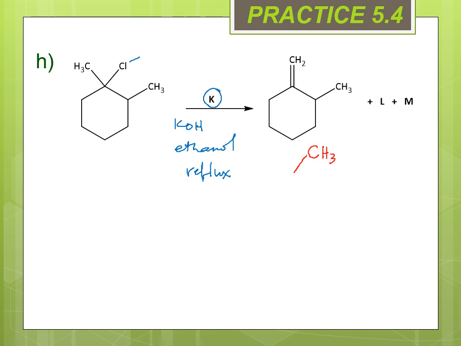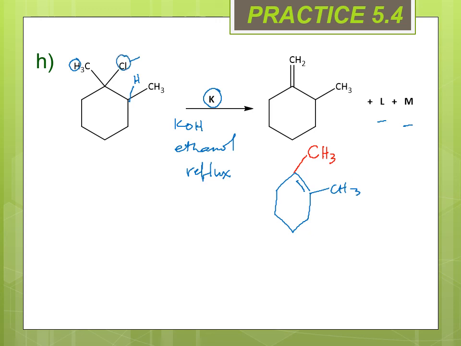So we're going to find L and M. Chlorine will take this hydrogen firstly, okay, and then it will take this hydrogen, the hydrogen that is attached to this one.